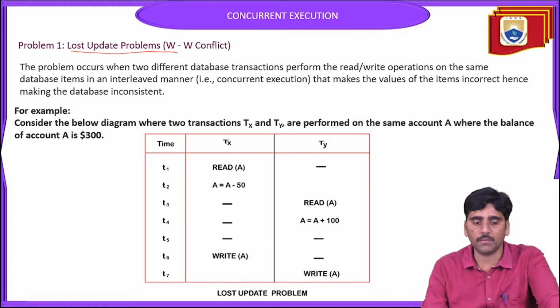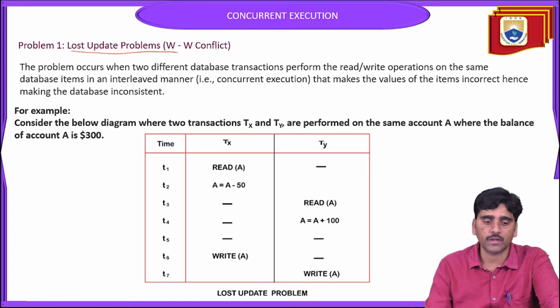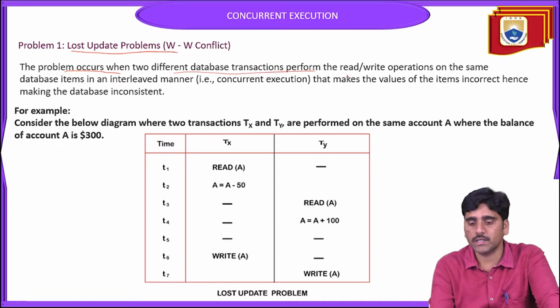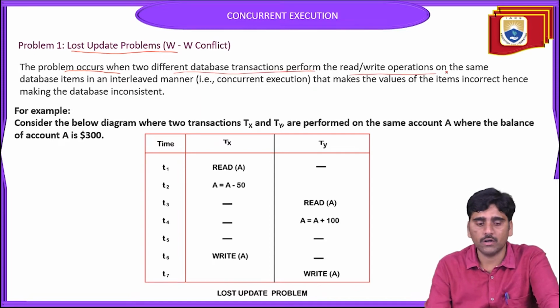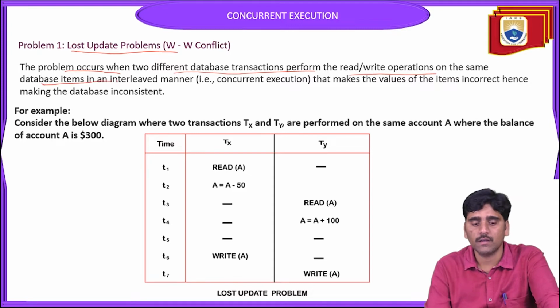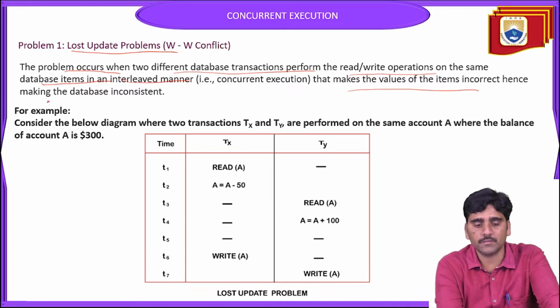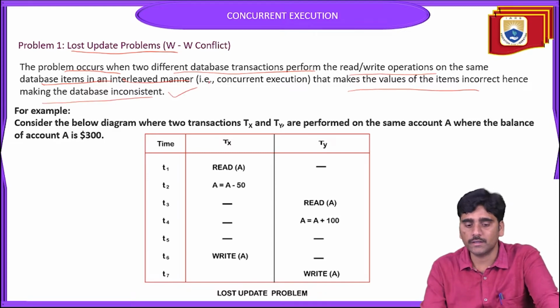This problem occurs when two different database transactions perform read or write operations on the same database items in an interleaved manner. That makes the value of the items incorrect, hence making the database inconsistent.